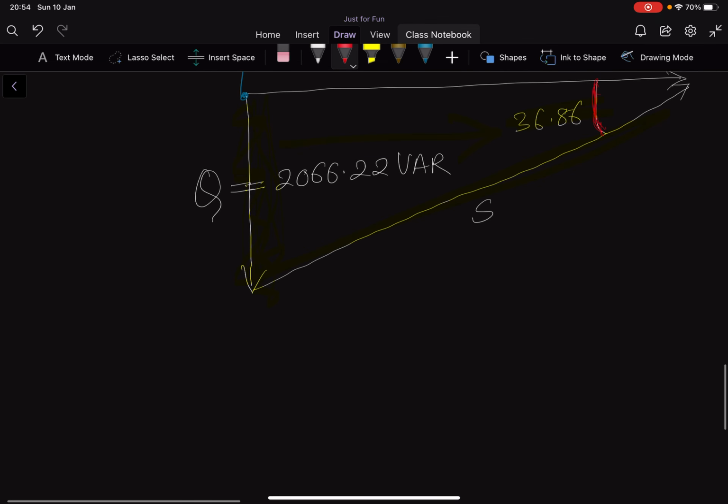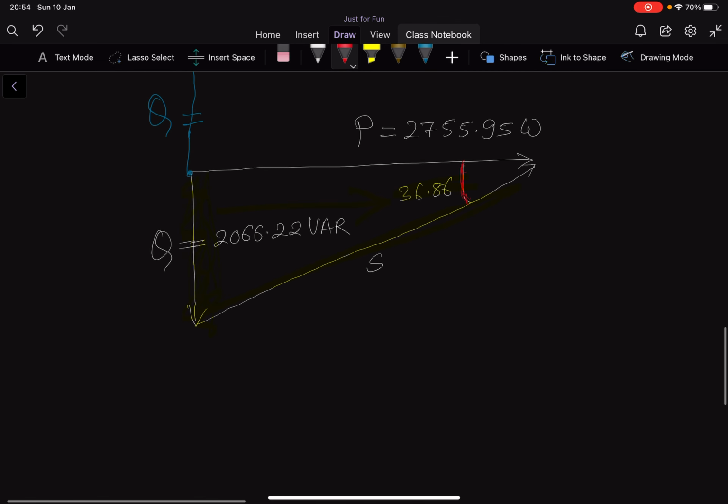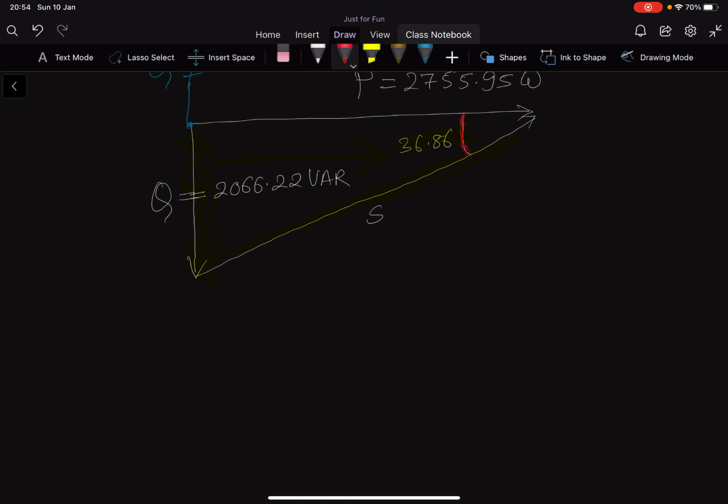So to make this complicated question normal, let's draw the circuit. Let's use white color. We need a capacitor in parallel, which is going to carry the IC here.